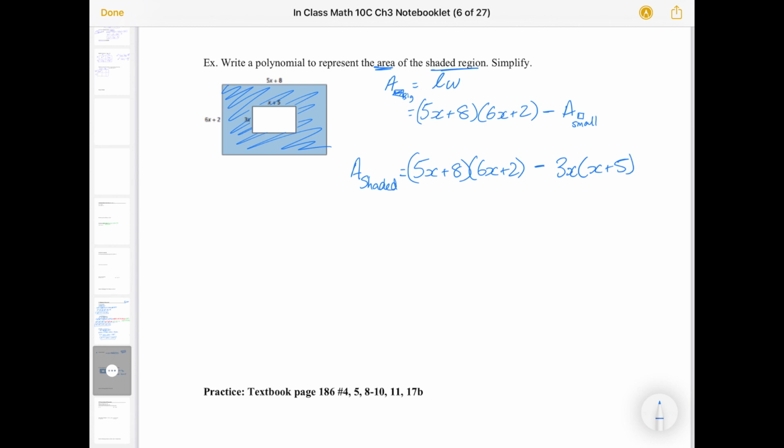Right, and this one I will do. So I've got my big area, my binomial distribution happening here. So I'm not going to write it all out. I'm just going to say it and do it.